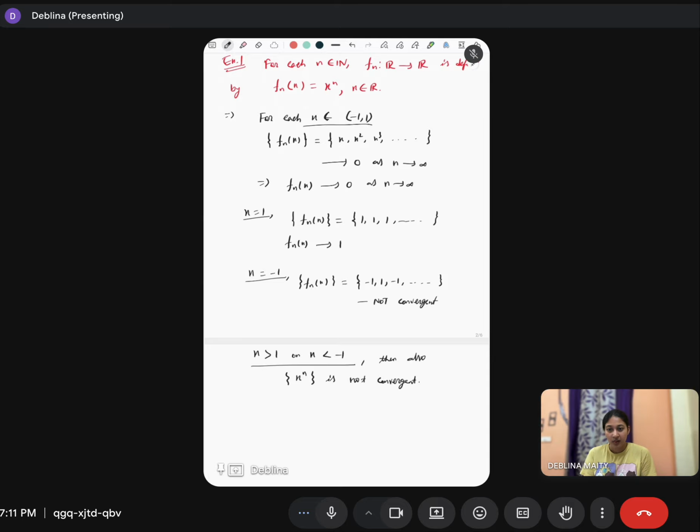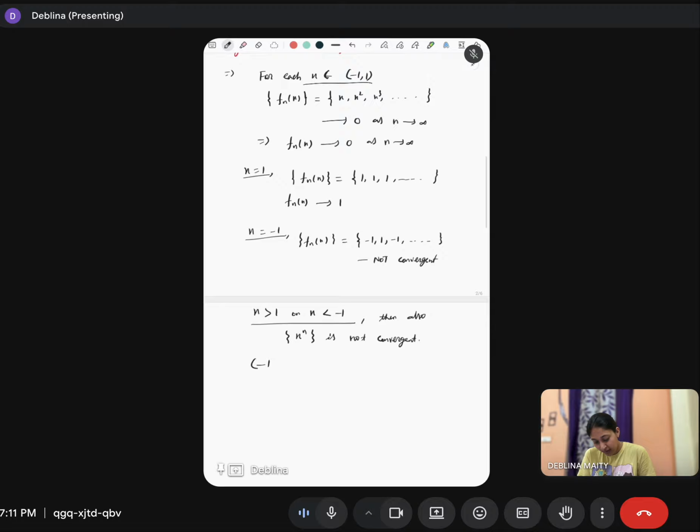So only in this interval, -1 to closed 1, this sequence fn(x) is convergent.